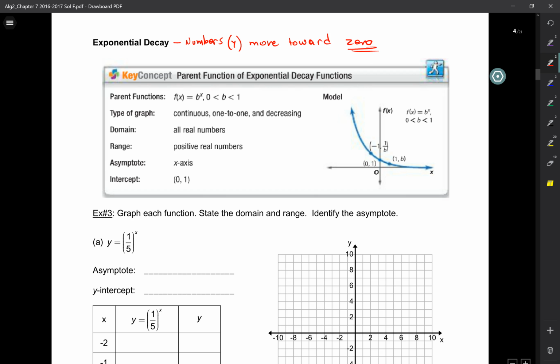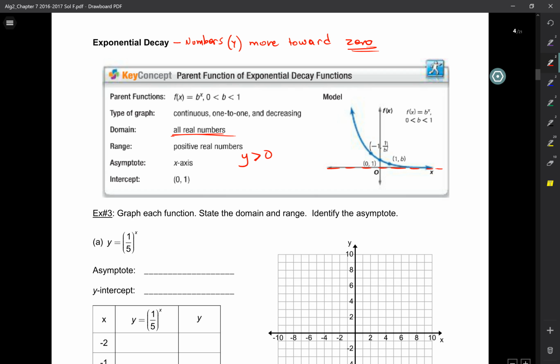Like the number of bacteria gets closer and closer and closer to 0, all right? The domain is, again, all real numbers. What's the range here? If the asymptote is at y equals 0, what's the range for this graph? Y is greater than 0 or less than 0? Greater than 0. It's still above.